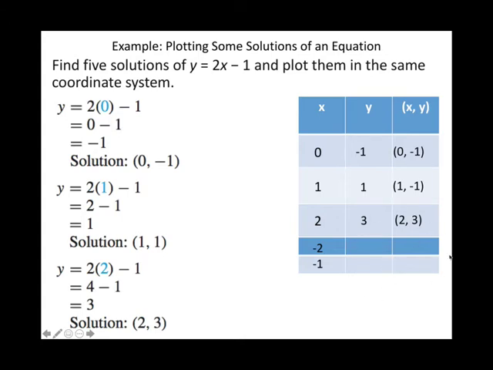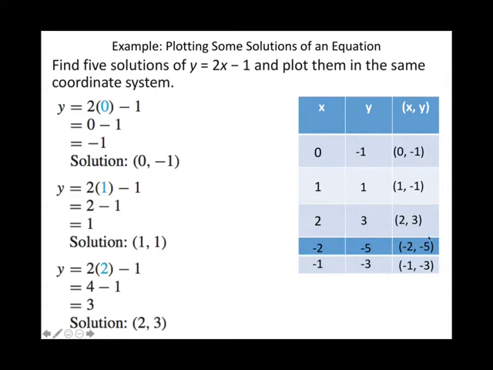And then write it as an ordered pair. Okay, you should get this. Right now, we do have 5 solutions for this linear equation.